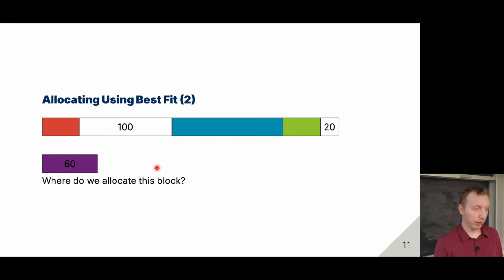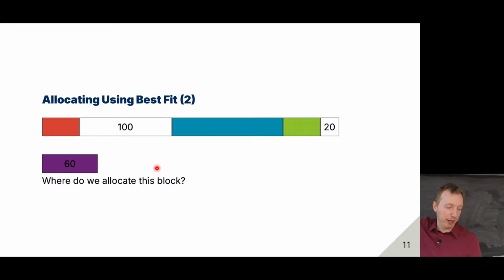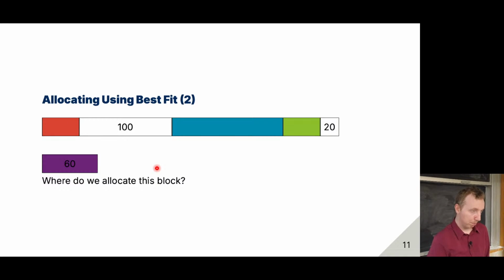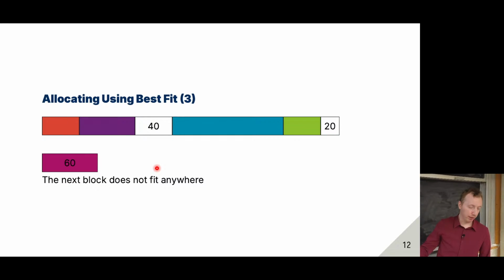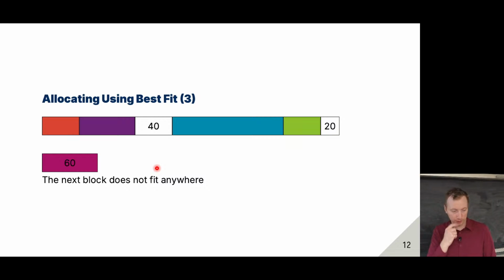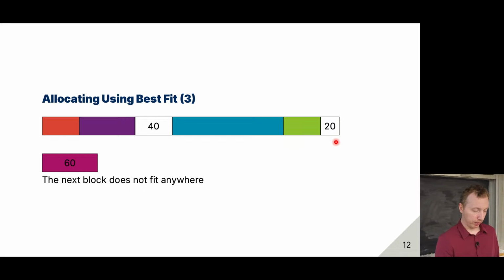And now, well, where do I allocate this? Well, I have no choice, right? It doesn't fit in the 20 block, I have to put it in the 100. So I could put it at the beginning, put it at the end, I'll put it at the beginning. So you would split it off into a 60 for the allocation and then a 40 for the free list. And now our memory looks like this.